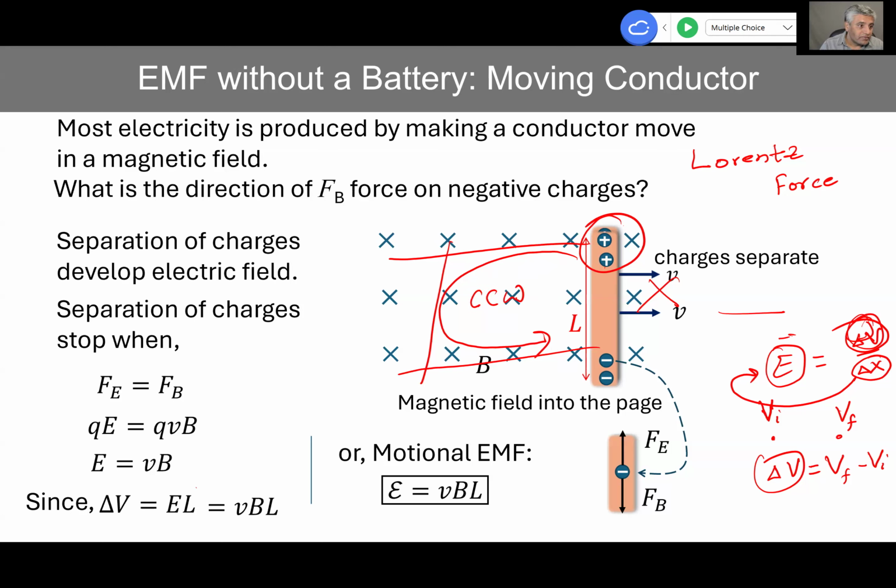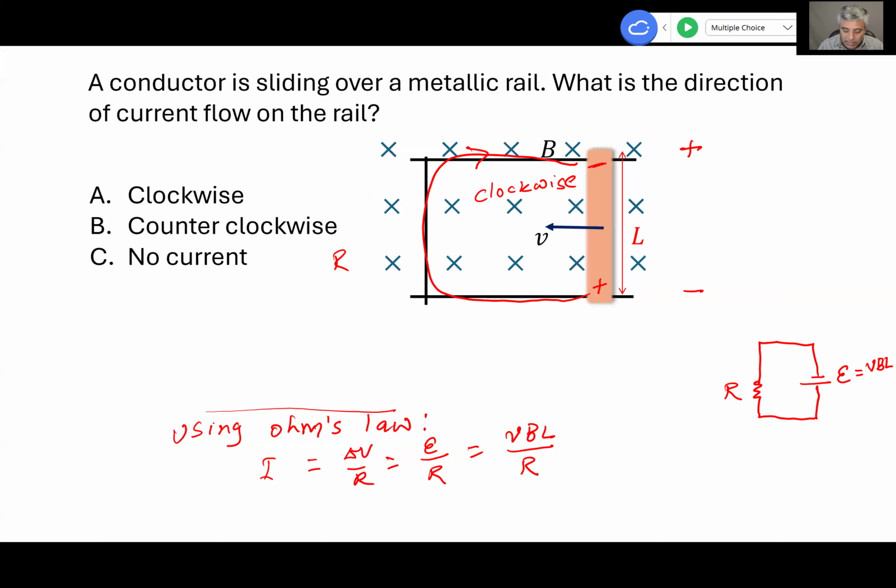I don't know if I said otherwise last time, but this is how it works. This is exactly opposite because B is still the same, but the V is reversed. Because of that, I had to turn the palm in the other direction, so my thumb is now pointing down on the screen.